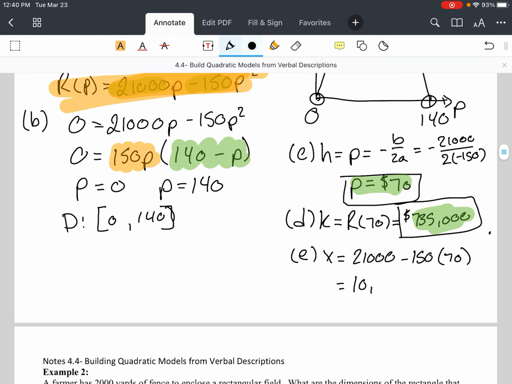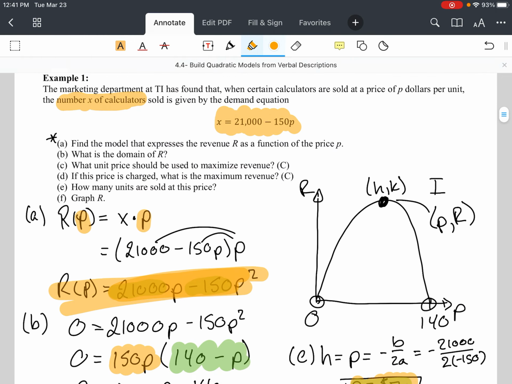Again, I'm going to let you do the calculations here, but you should expect to sell about 10,500 units. So just to cover what we came up with, we need to set a price at $70 to maximize our revenue. The revenue that we can expect is $735,000, and the number of units that we can expect to sell or need to produce is about 10,500 units.